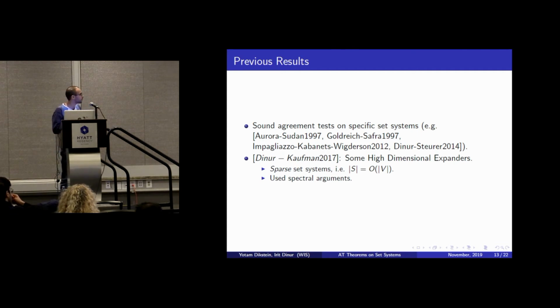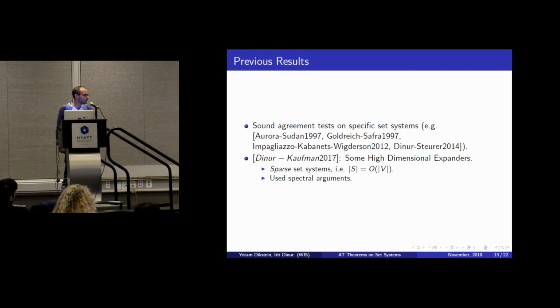So you can see some references here. One I want to mention in particular is a result by Dinur and Kaufman in 2017, where they showed sound agreement tests on a slightly broader family of set systems that come from high-dimensional expanders that also satisfy some technical requirement.